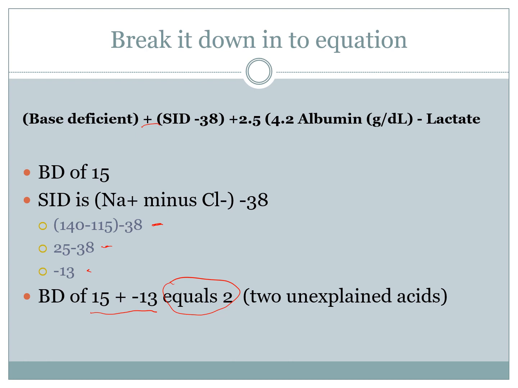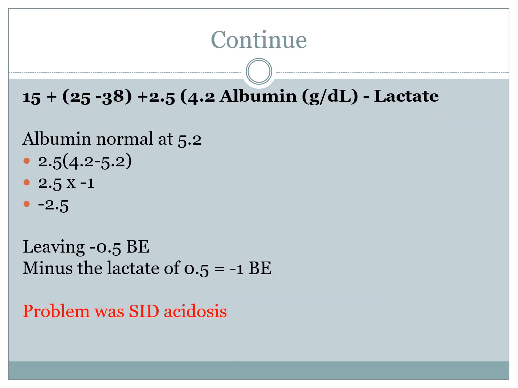Then we look at the albumin, and we get a normal value of 5.2. That's good. So 2.5 times (4.2 minus 5.2) is 2.5 times negative 1, which gives us negative 2.5, which leaves us a negative 0.05 base excess, or anion gap. And then we minus our lactate of 0.5, which gives us a negative 1.